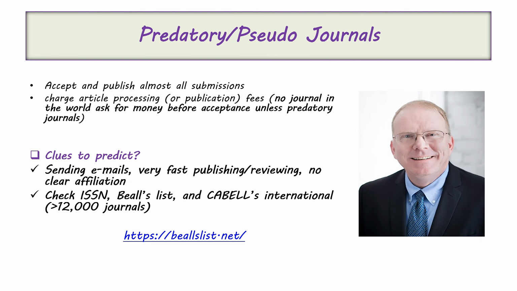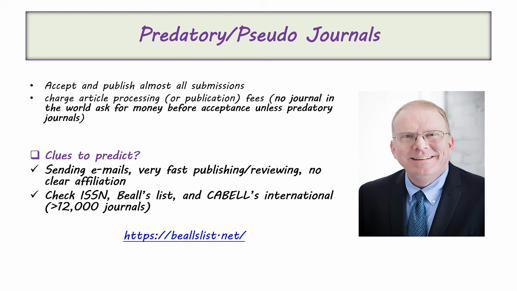So now we'll finalize our lecture today talking about predatory pseudo journals. There is a type of journals which are pseudo journals, which means they publish pseudoscience. They are predatory.